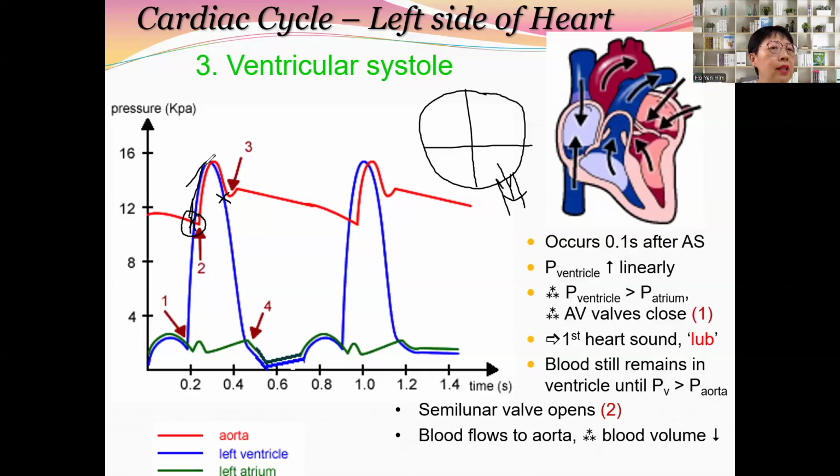The gradient starts to become less steep because the blood flows out until it becomes like this and it starts to go down. The gradient starts to go down because the blood volume drops. So the blood volume drops until a point where now you start to feel the pressure is dropping already, even though you're squeezing it. Okay? So that's how it changes up to here. So blood flows into the aorta, the blood volume starts to drop.